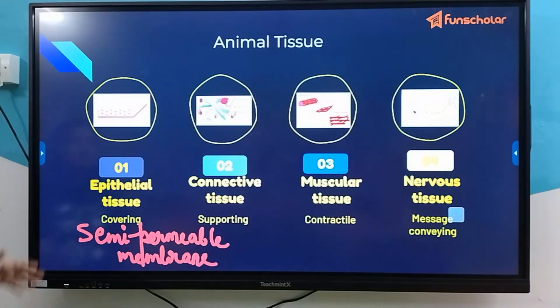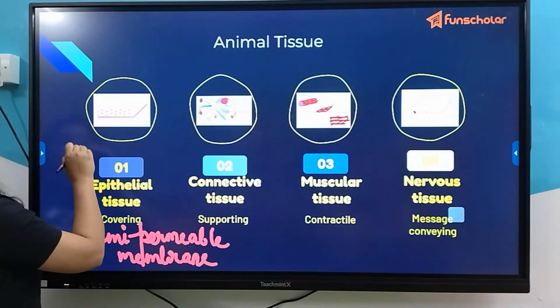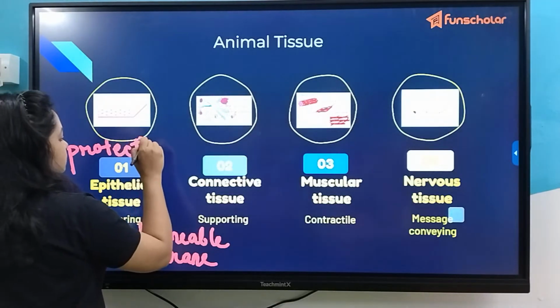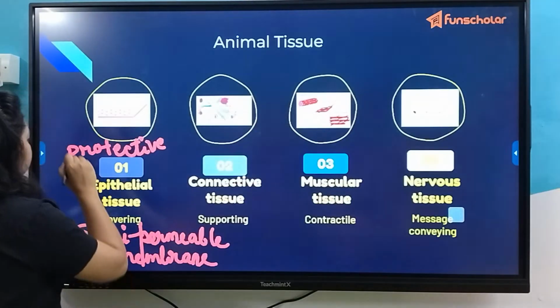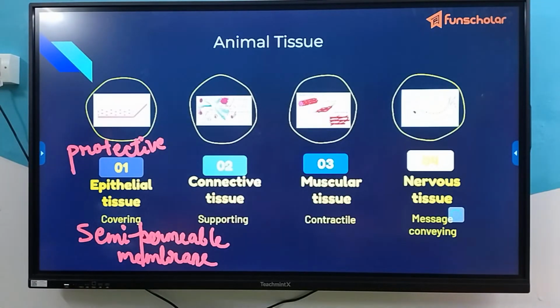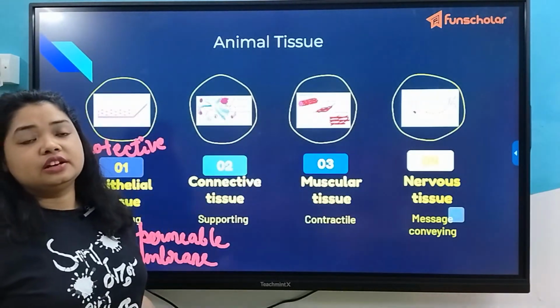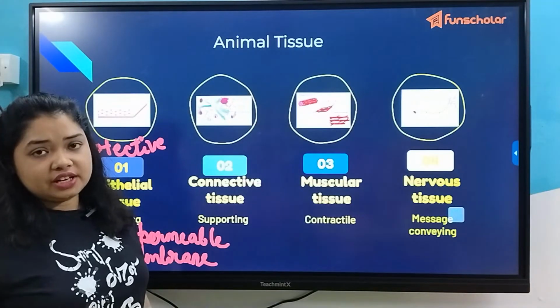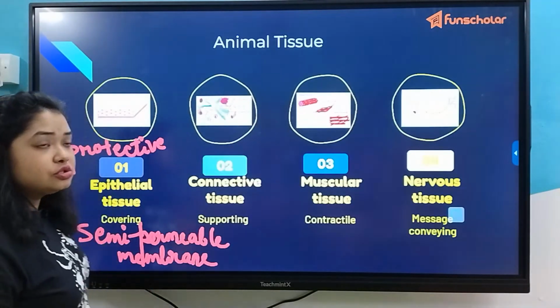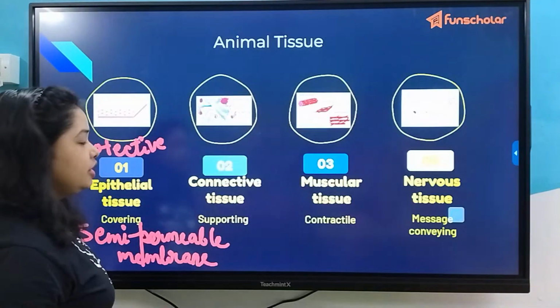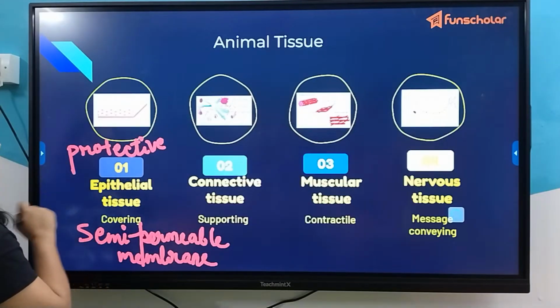That is why it is known to be protective in nature also. It helps to protect us against the pathogens as well as the toxins secreted from other infected cells, and also from the impurities present in the outside environment. So this nature is mainly protection.